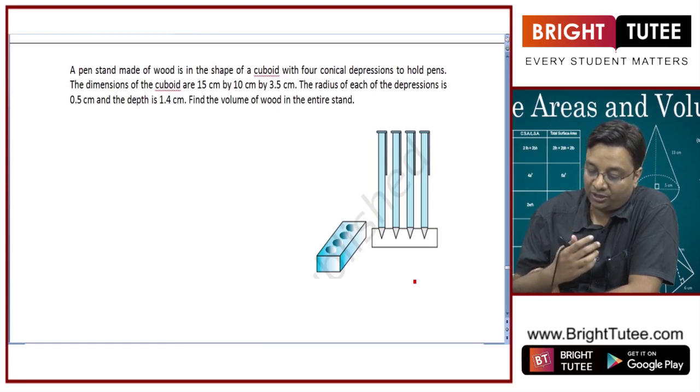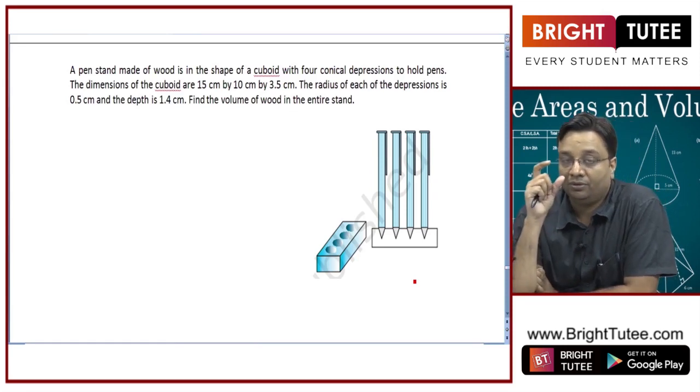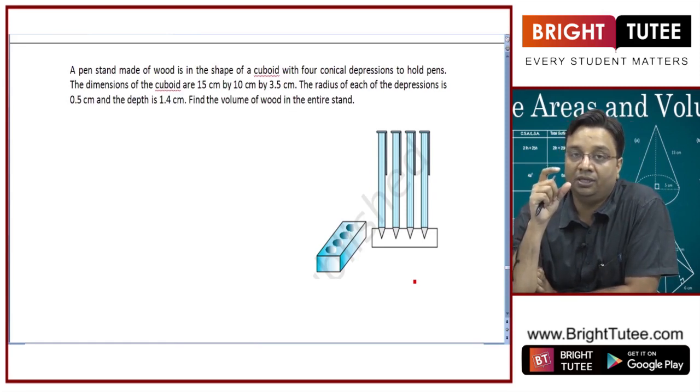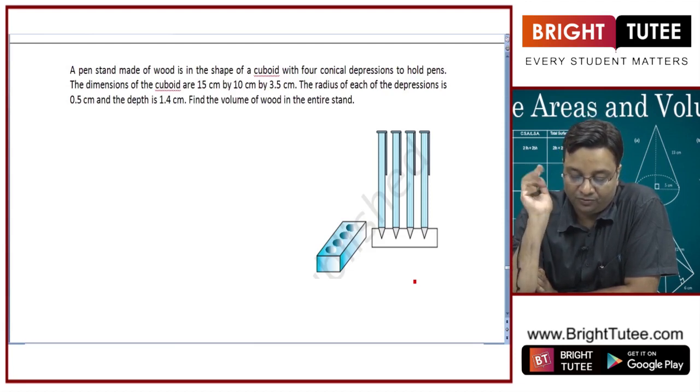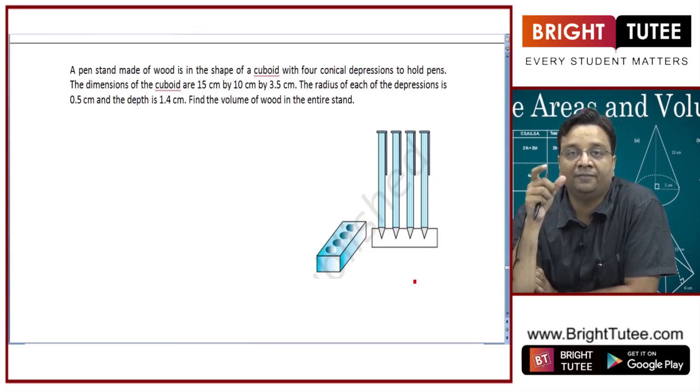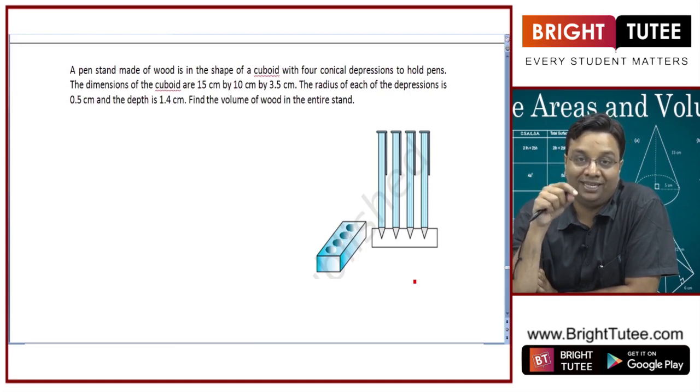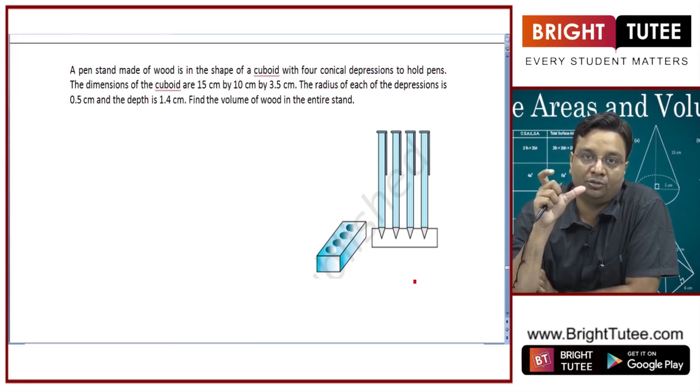Dimensions of the cuboid are given, radius of each of the depressions is given, and depth is given. Find the volume of wood in the entire stand. So volume of the wood used will be volume of cuboid minus volume of these conical depressions, because the wood is taken out from the cuboidal shape.